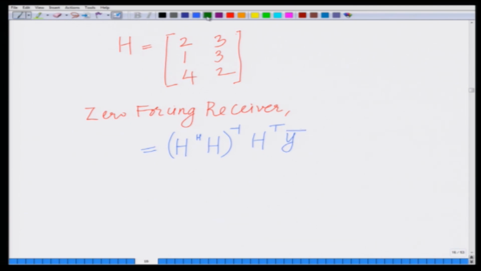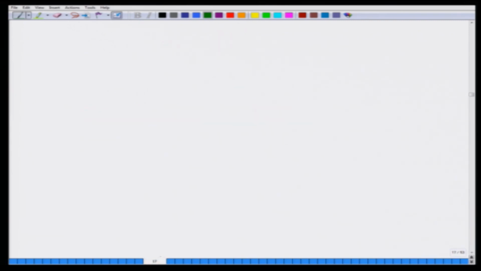Let us now evaluate this matrix H Hermitian H inverse times H Hermitian, or transpose, correct. So, let us now evaluate this matrix.